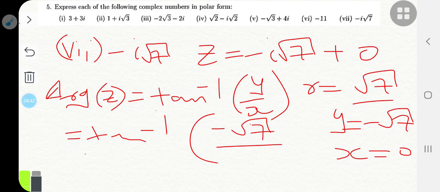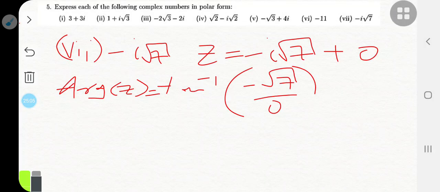So now you can see I'm having the tan inverse of y, the negative root of 7, over x, which is 0 there. Then here it's going to give me something which is undefined. And when you have something which is undefined, just know that your answer is equal to infinity.